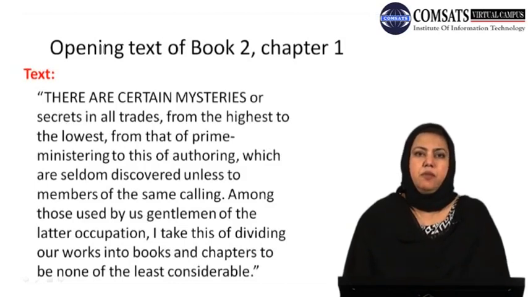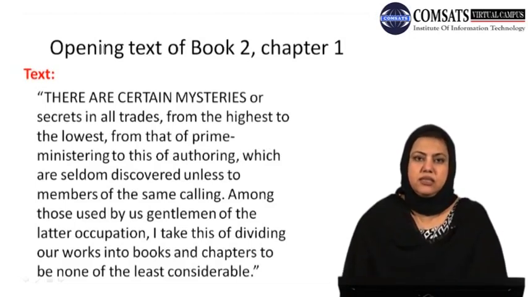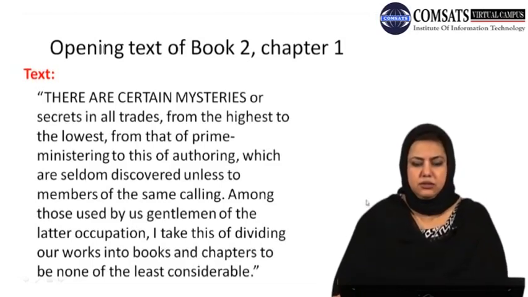And he claims that in all the trades, all the kind of work that people do, only those who are involved in a particular kind of work know about the secrets of that particular trade, and they know the ways of handling that. As far as authors are concerned, the division of works into books and into chapters is of considerable importance, according to him, for the authors.